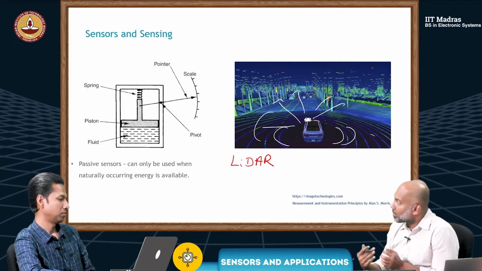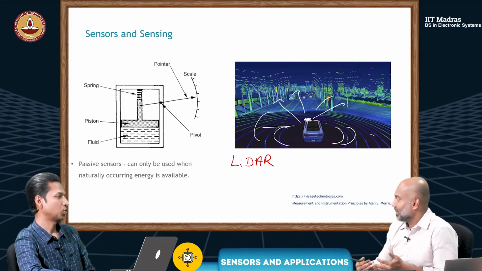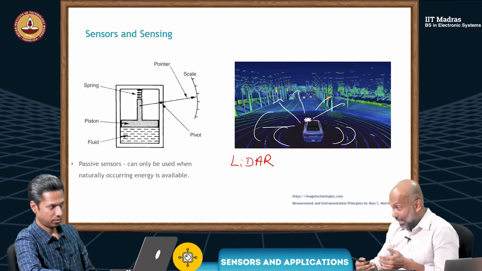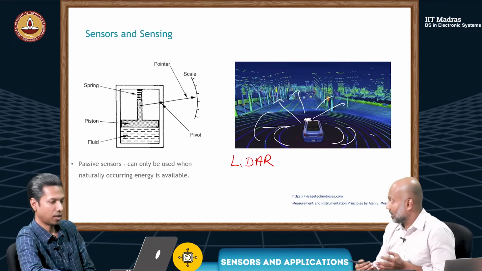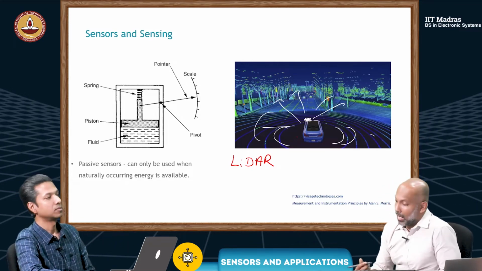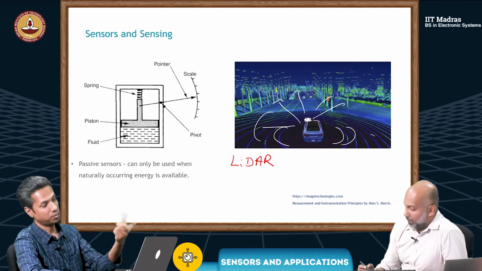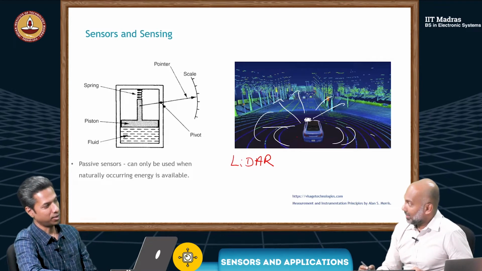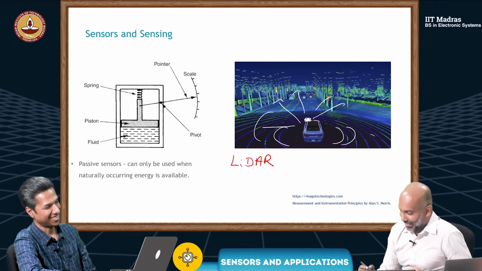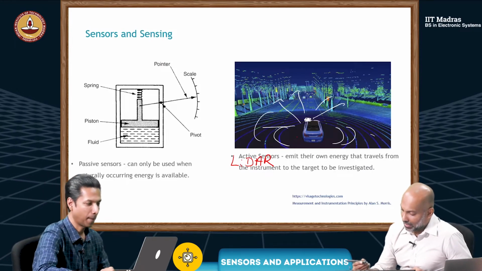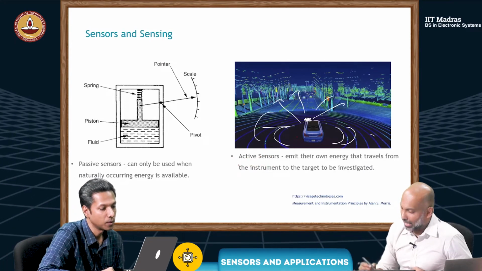So you need some sort of external source or energy to activate this sensor. If that is passive, then this is an example of active sensing. This is called an active sensor.